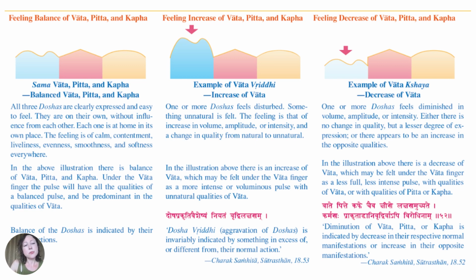But just briefly, if there is an increase under, as you can see on the middle slide, under vata is increased, and that might mean that there would be a decrease then in another dosha. It would be disturbed. So the volume, amplitude, or intensity would be changed. And you may feel this as feeling imbalanced or feeling unnatural.